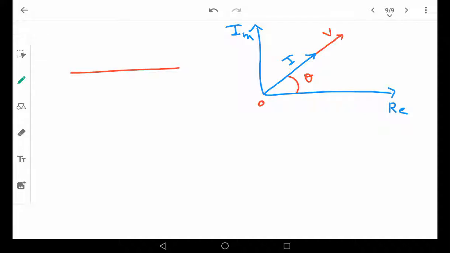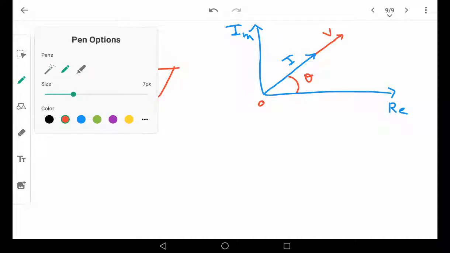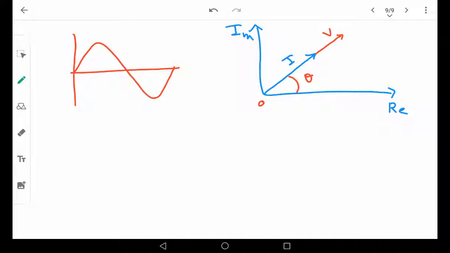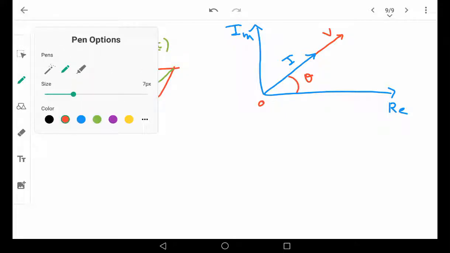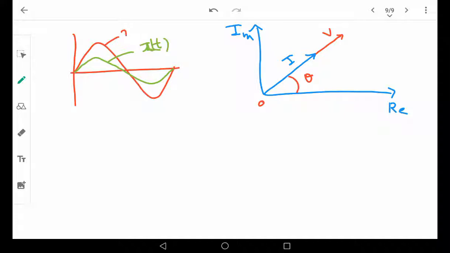And if you draw it as a waveform, you can also see this is the current, and this is the voltage. Both are in phase.